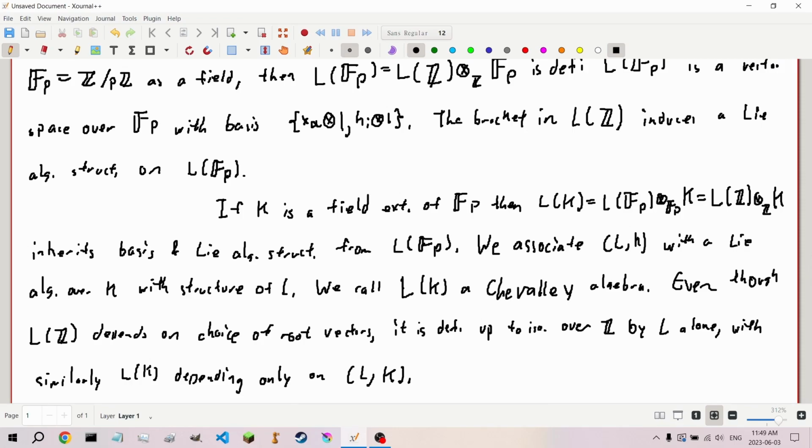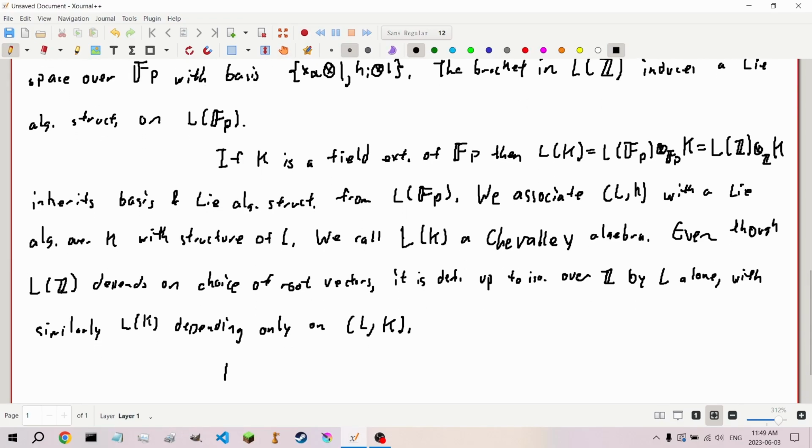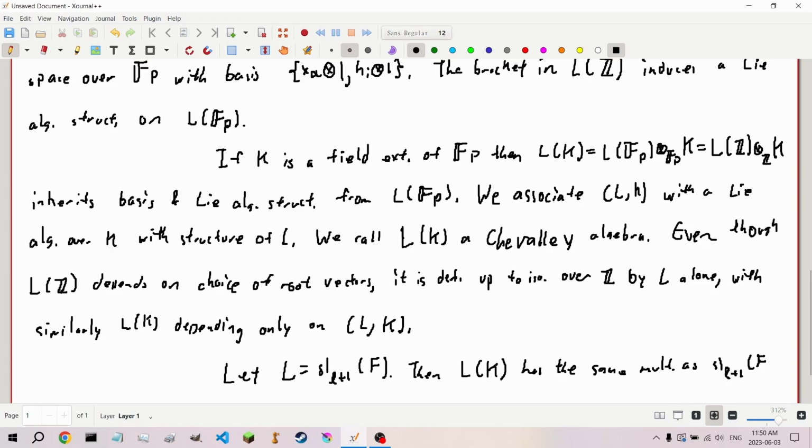So, for an example, we're going to let L be SL of rank L plus 1 over F. Then the Chevalley algebra of L over K has the same multiplication as special linear L plus 1 over K directly, we already have it over F.